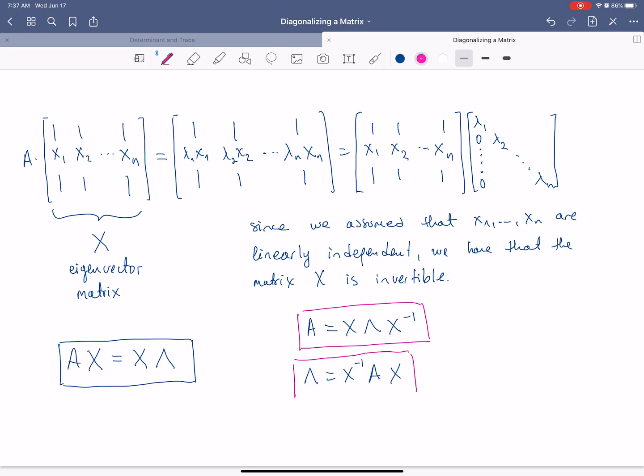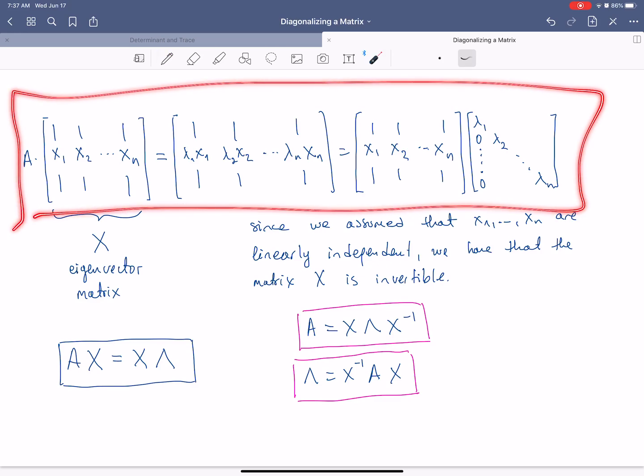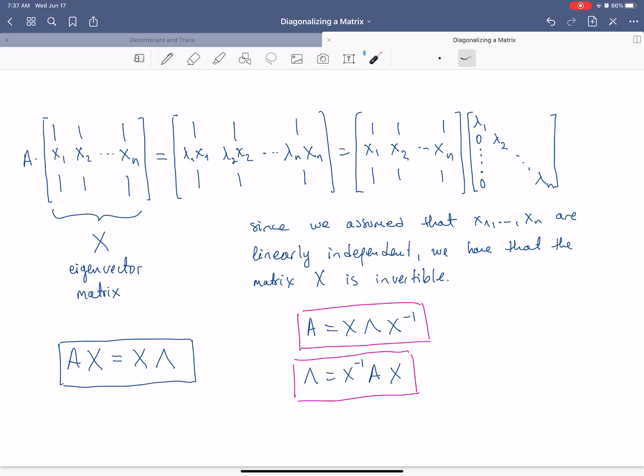Now, of course, I said the diagonalization, but there is a very easy observation to show us that if a matrix is diagonalizable, that doesn't mean it has a unique diagonalization. Why not unique? If I know that this works for the matrix A, how can I make a different diagonalization, a different matrix X?